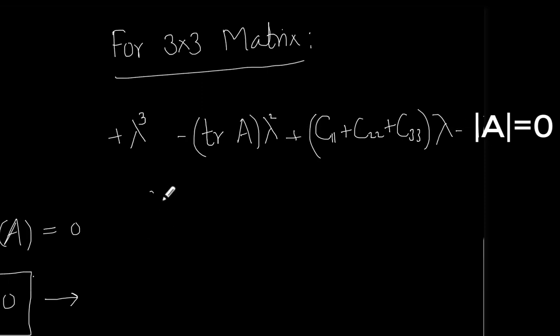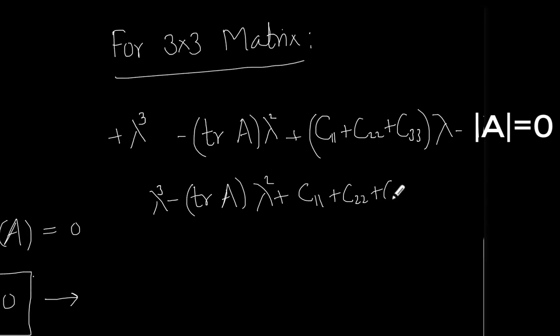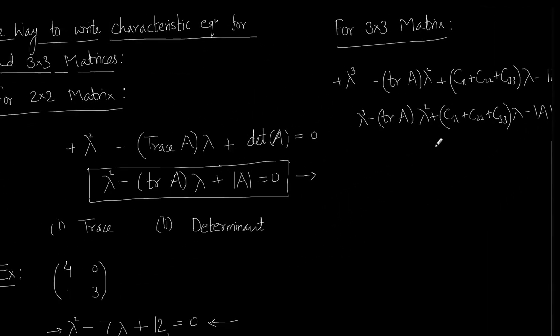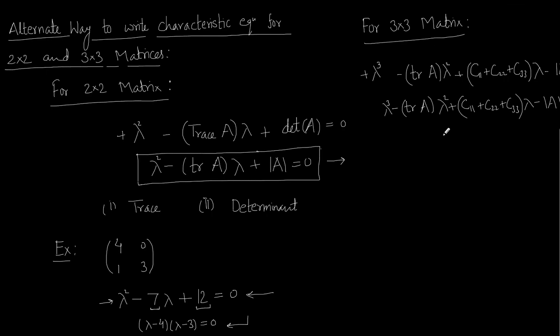That means you can say that this is lambda cube minus trace of A lambda square plus the sum of the cofactors of the diagonal entries. So this is the characteristic equation for the 3 by 3 matrix.